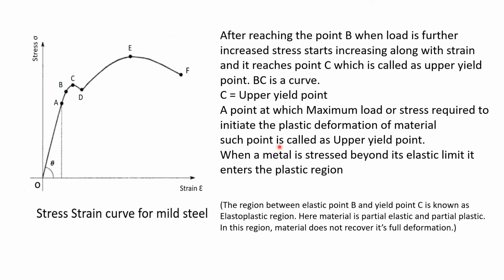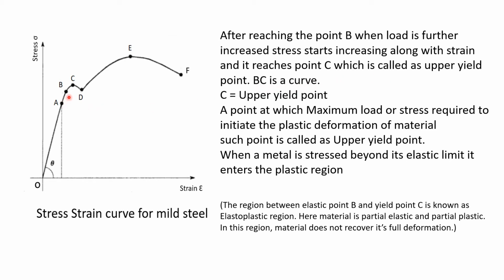After reaching point B, when the load is further increased, stress starts increasing along with the strain, and it reaches a point C, which is called the upper yield point. BC is a curve.